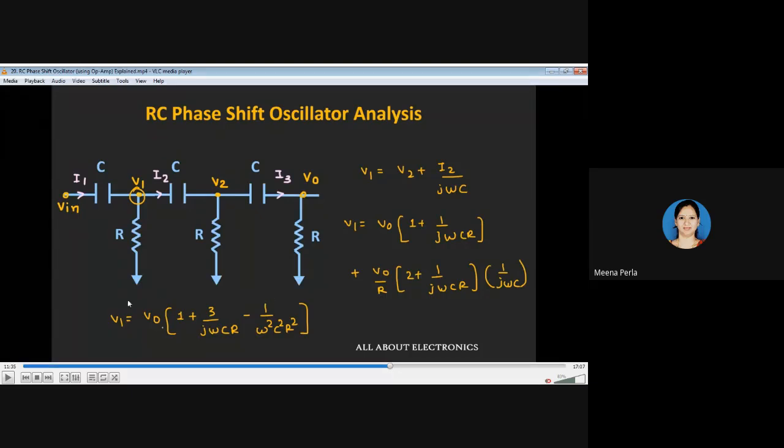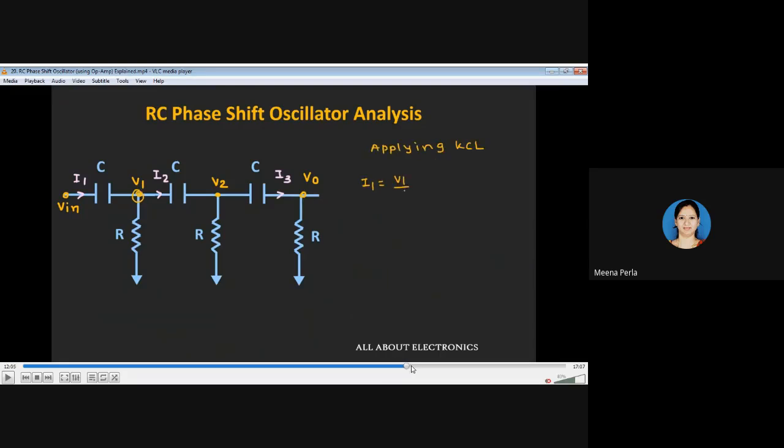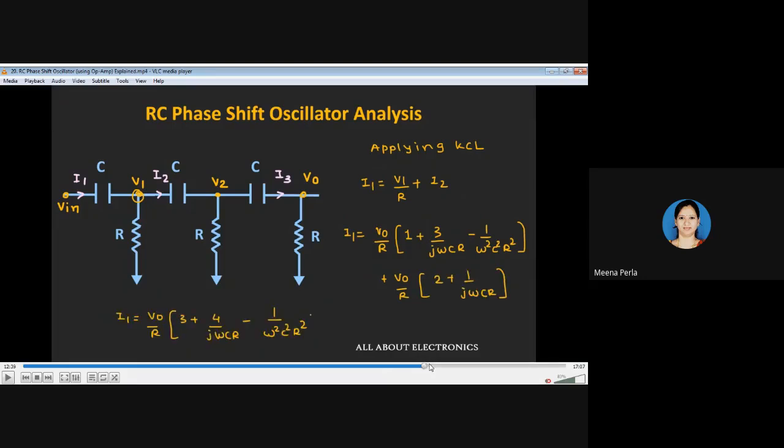So this is the main equation for V1. Then we are going to calculate I1 in terms of V0. So this is the expression for I1.